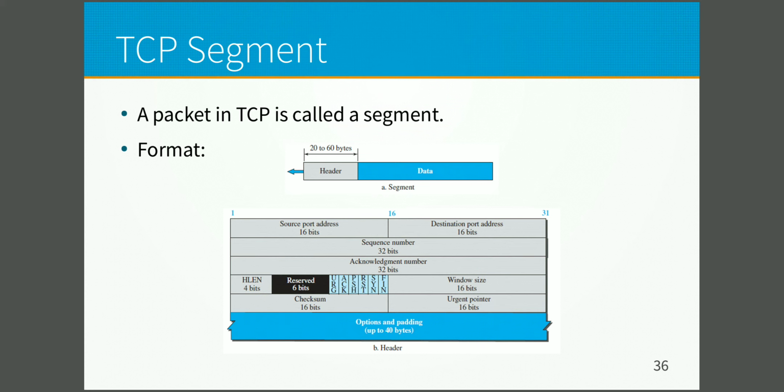As you can see in the bottom diagram, the header structure of the TCP segment is shown, which has several fields, namely source port address, destination port address, and such. So let's try to understand the significance of each such field in the TCP header. The first field is the source port address, which is 16 bits long.